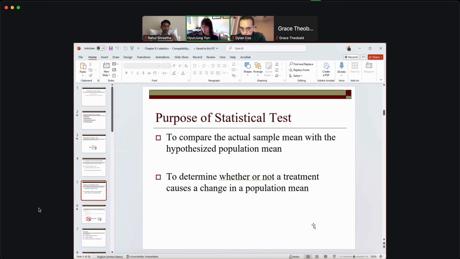We are testing the same thing, but we have more limitations doing statistics, especially with a small sample size, when you do not really have the population standard deviation, then you estimate from the sample.